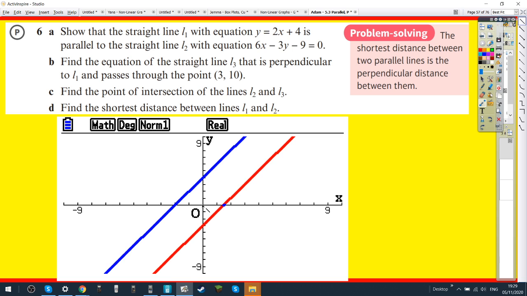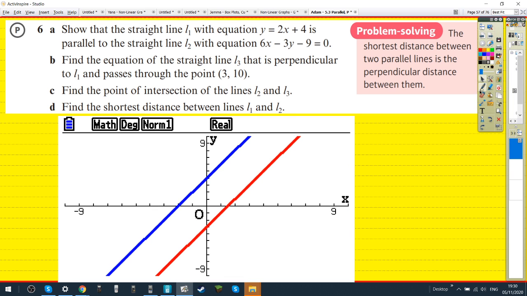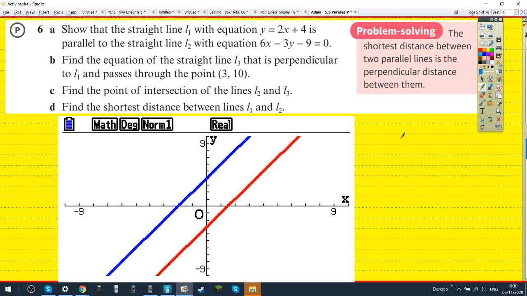This point here is definitely 1, 2. That's definitely minus 3. Is it perpendicular though? What would be the perpendicular gradient? The perpendicular gradient for L1.